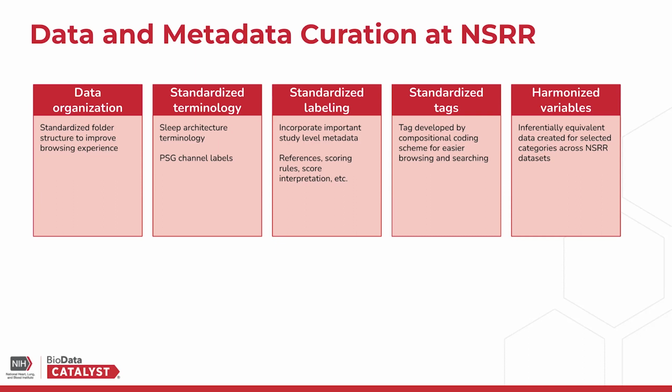We also try to standardize the labeling of all the metadata, including details about references and scoring rules and scoring interpretations. And for selected variables, we apply tags to really help with either machine learning type queries or to help with some modern sleep questions.